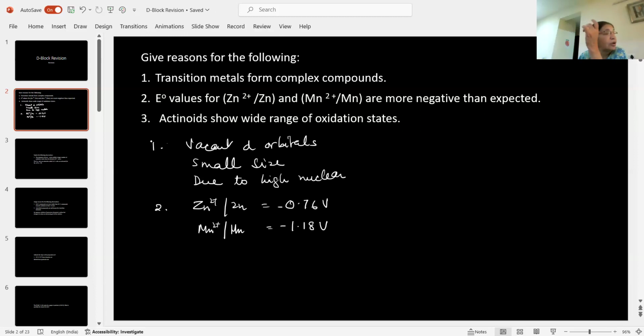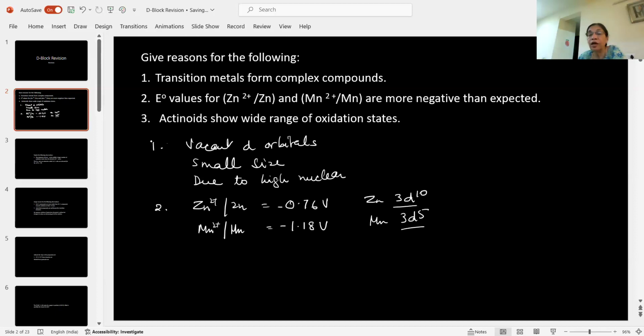This is because of the stable configuration: Zn has a 3d10 stable configuration, and Mn has 3d5, which is a very stable configuration.